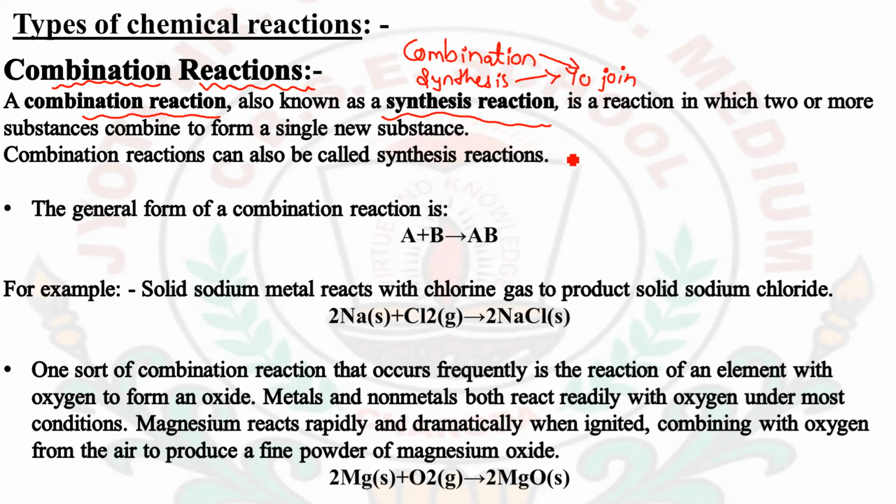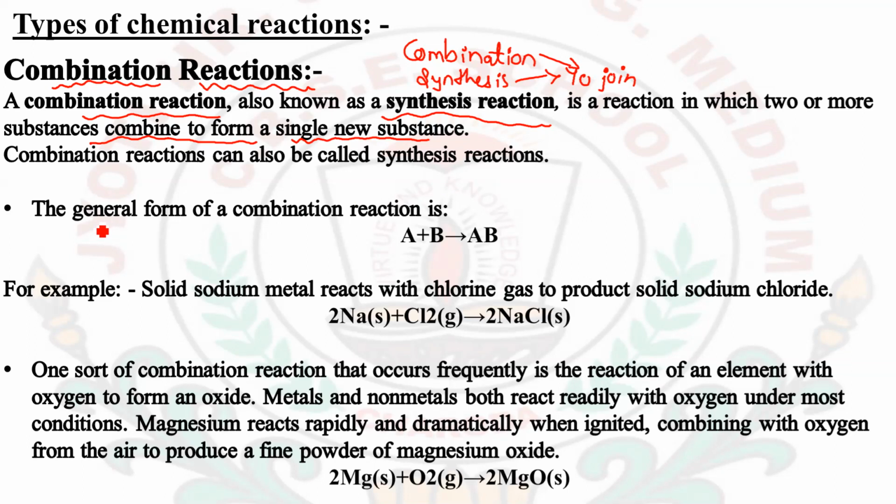So the proper definition is: a reaction in which two or more chemical substances combine with each other to form a single new substance is called a combination chemical reaction.